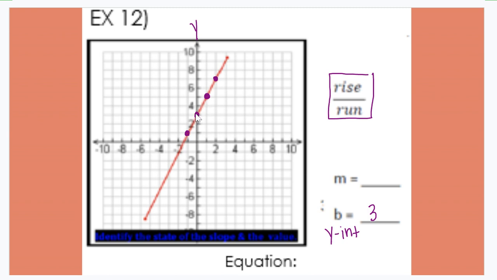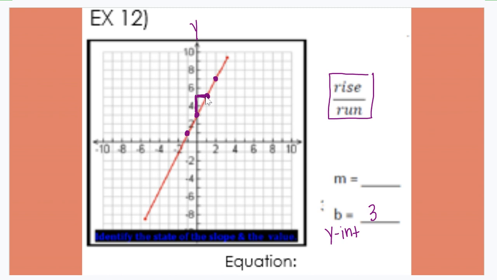All right, so we started at our y-intercept, and the first thing we want to do is rise. How many blocks do we have to rise to get to this point? Well, we would have to go up 1, 2. We have to go up 2 blocks. So rise 2. And then how many do we need to go to the right to get to this point? We would go 1. So rise 2, run 1. Up 2, right 1.